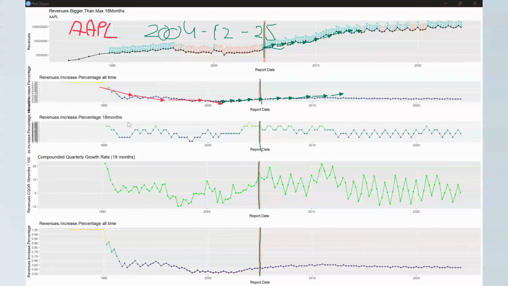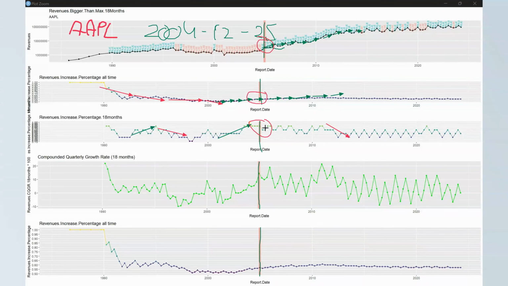The third plot here is the same metric but for 18 months. From here it's easier to spot the short-term changes, especially if you want to spot the entry point.